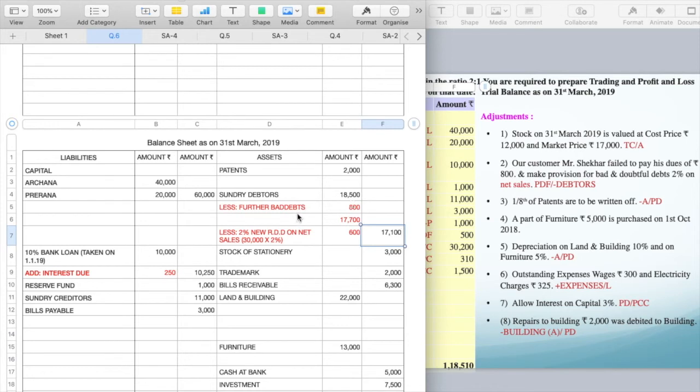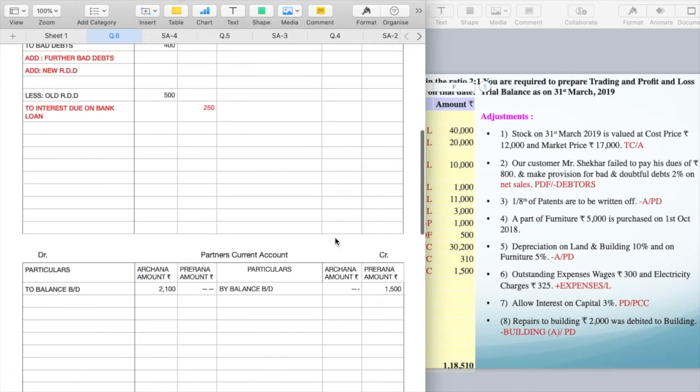So this is further bad debts and new RDD. I hope it is clear to you. Just the calculation is in a different way. We are supposed to calculate on 30,000 because it is said on net sales. If they regularly say on debtors, then we would have calculated on 17,700. But as this time they have said differently, we calculate accordingly; otherwise the effects are not going to change.